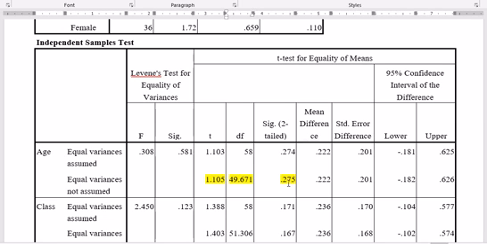Now from this place, you can categorically tell me that this is not statistically significant with the combination of the age and the gender. You see now, this place is 0.275, which is far beyond 0.05.